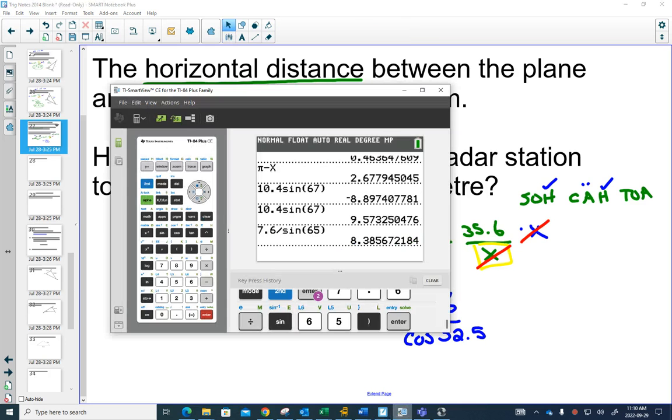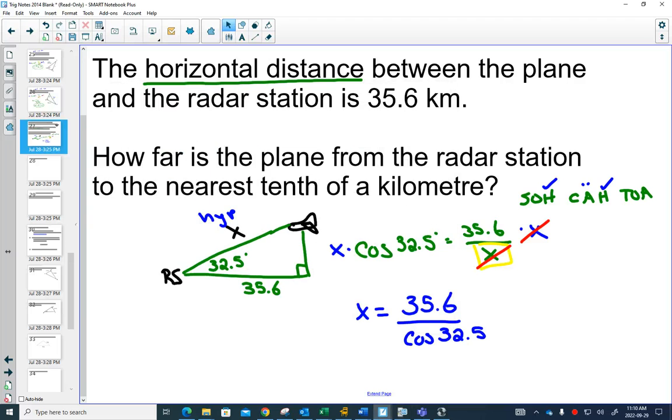Go to our calculator. 35.6 divided by cos of 32.5. 42.2. What does it say to round to? Nearest tenth. And our units are kilometers.